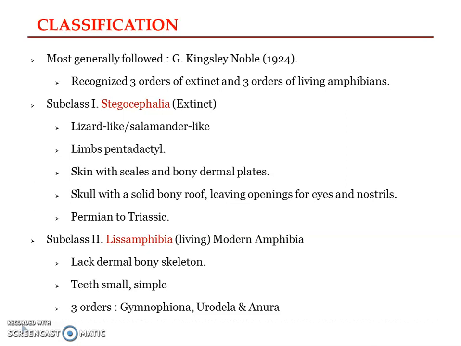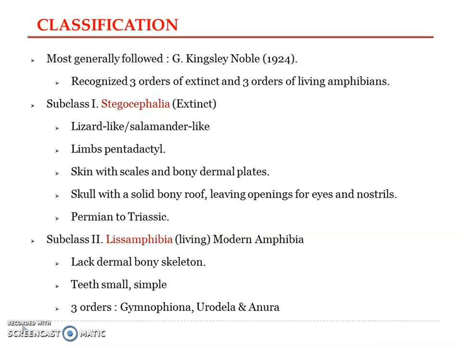The modern amphibians lack any dermal bony skeleton, and hence the skin is smooth, and hence they are named Lysamphibians. They are characterized by the presence of simple smaller teeth. This is what we are going to learn, the classification of the subclass Lysamphibia.